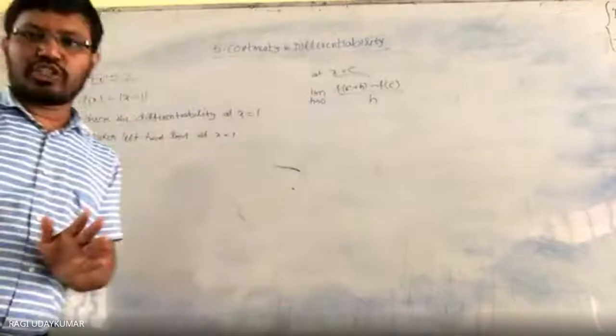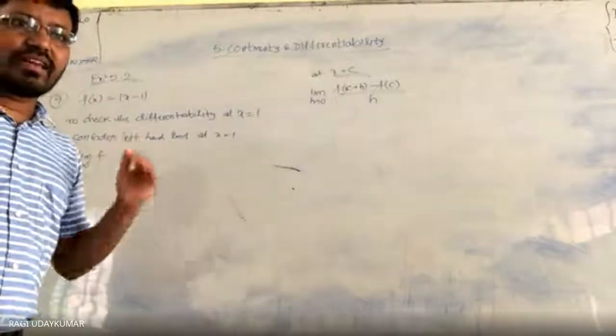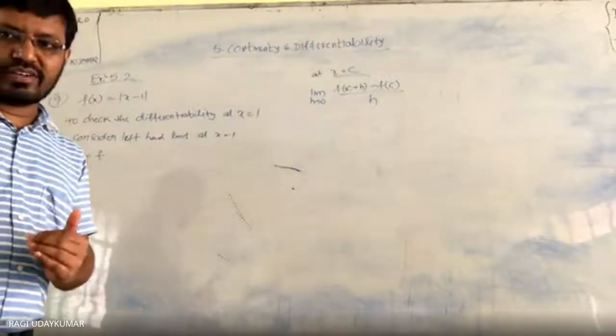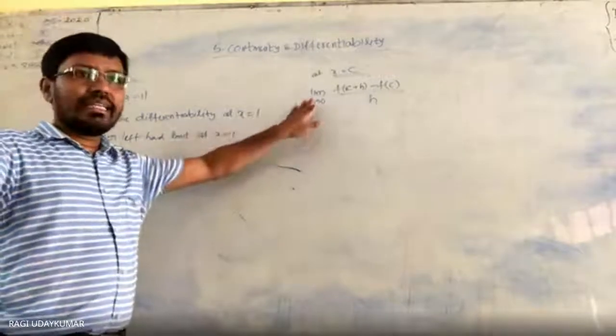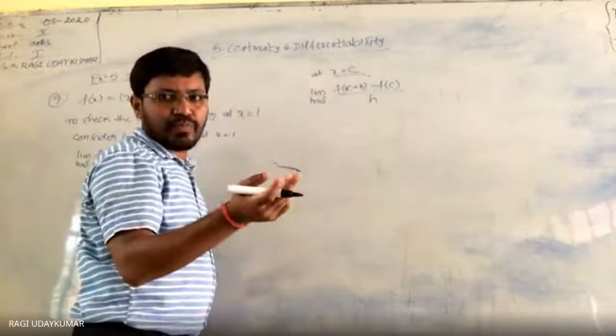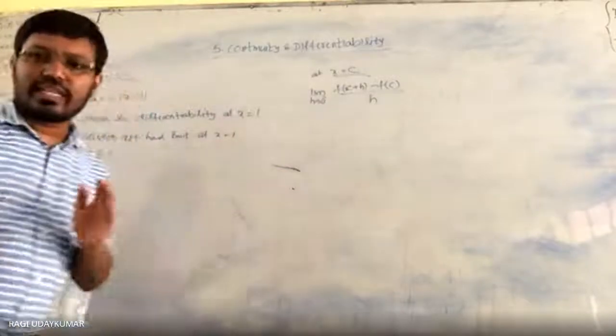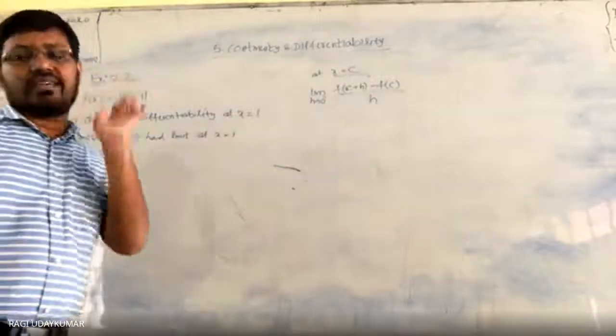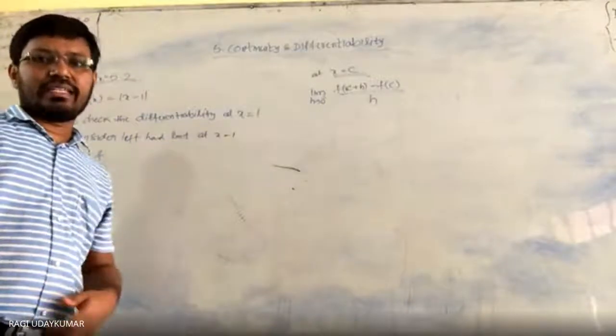If this exists, meaning the left hand limit and right hand limit both exist, then you can say that the function is differentiable at x equals c.